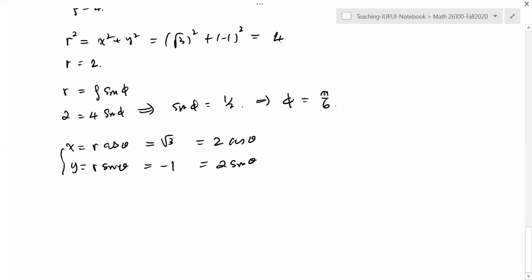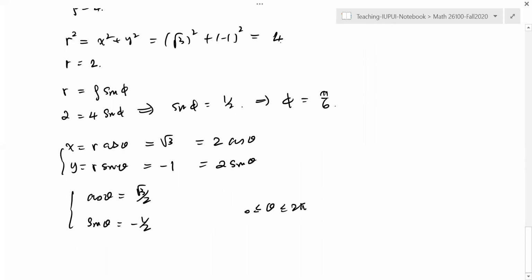So can I get theta? The answer is yes. Cosine theta equals square root 3 over 2, sine theta equals -1/2. Remember, theta is between 0 and 2 pi, phi is between 0 and pi.